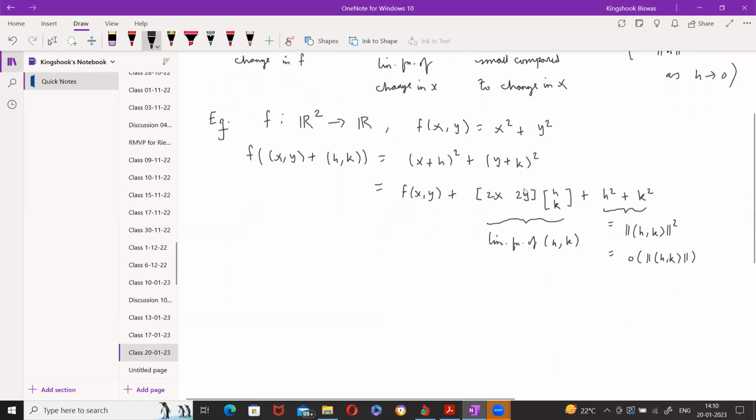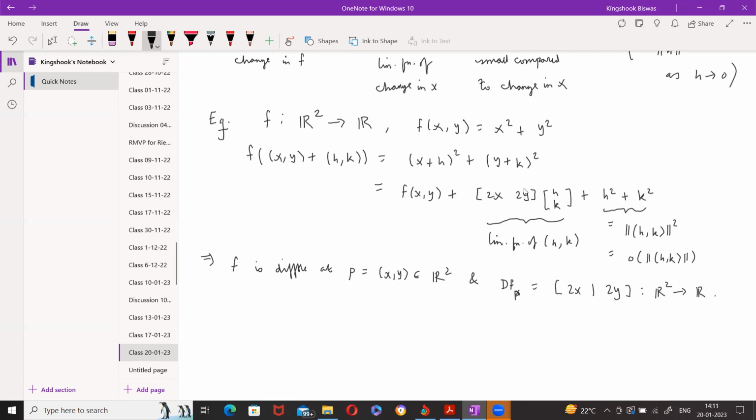So that means that f is differentiable at (x,y), at a point P equal to (x,y) in R^2, and df at P is the linear map from R^2 to R, which I write as a row vector (2x, 2y). This goes from R^2 to R.